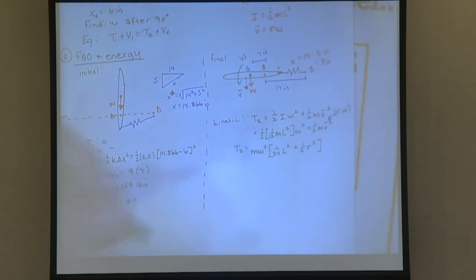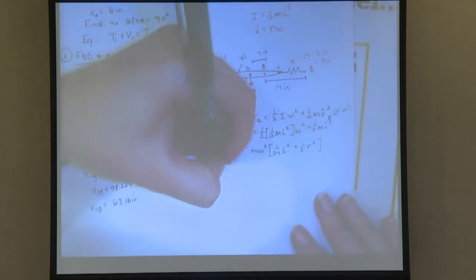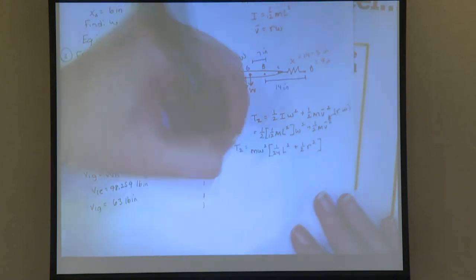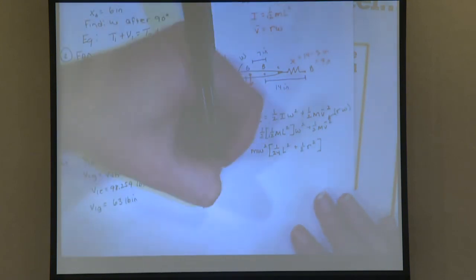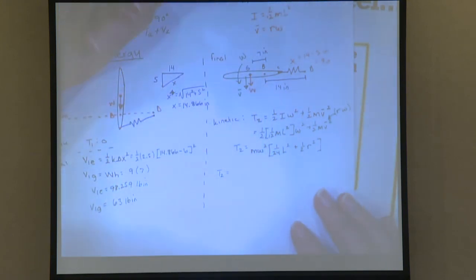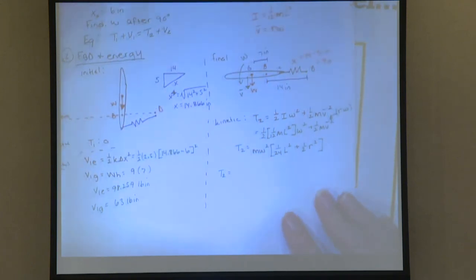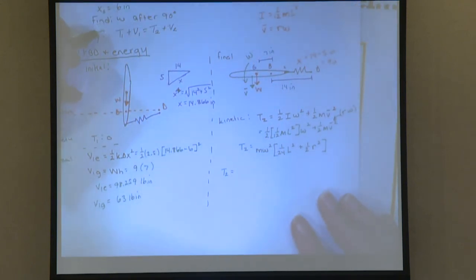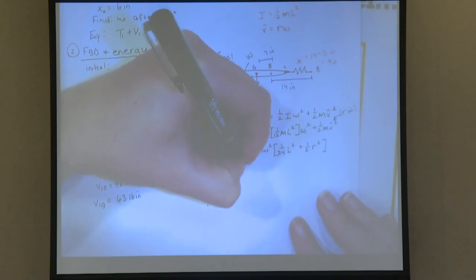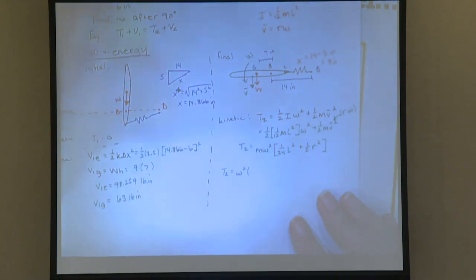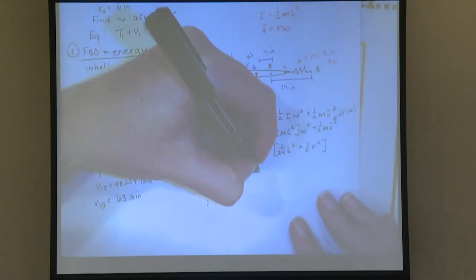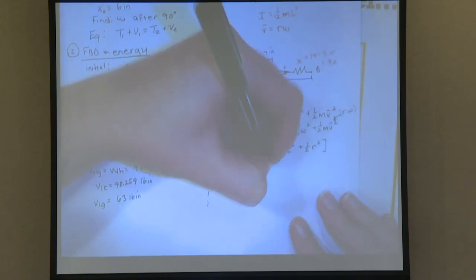And now plugging in our values, we get T2 is, so we don't know omega. We're trying to find omega. So we still have this unknown sitting here. Our mass is 0.0233, 1/24.